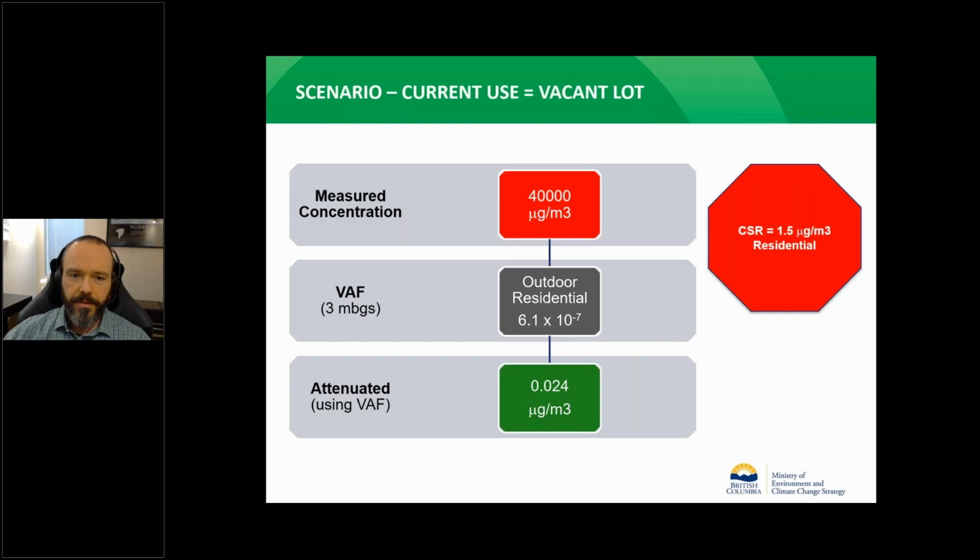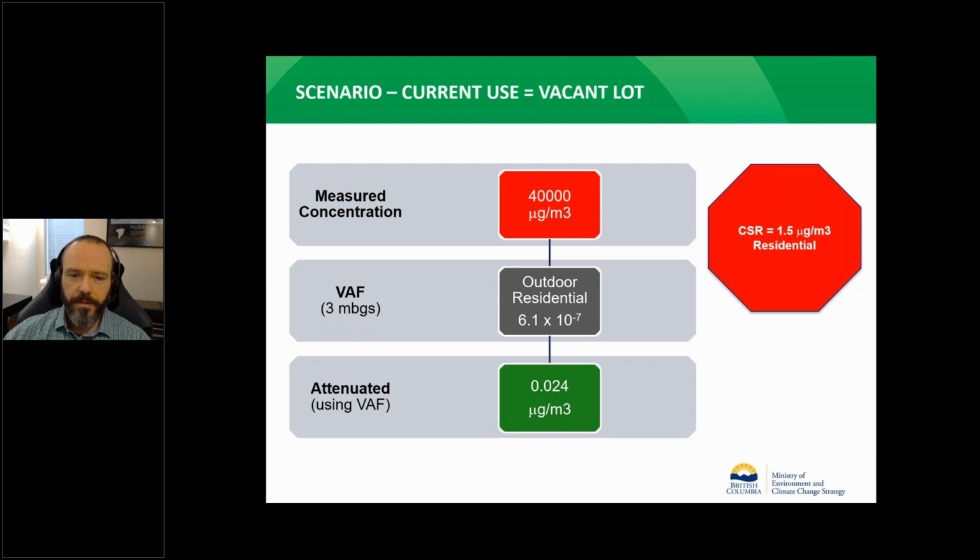On this slide, we can see that the measured concentration from the worst case vapor well is 40,000 micrograms per meter cubed, which is shown in red because it exceeds the CSR vapor standard of 1.5 micrograms per meter cubed for residential use.